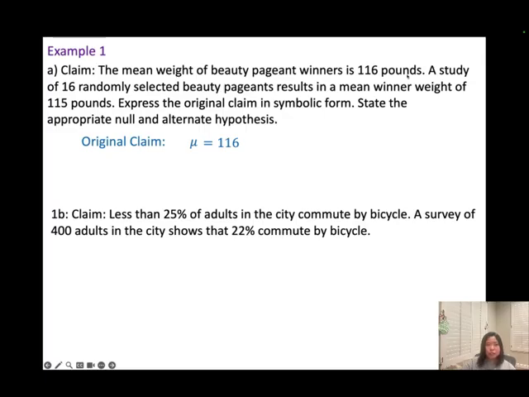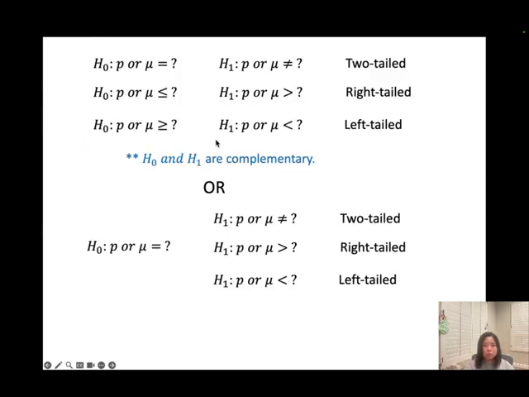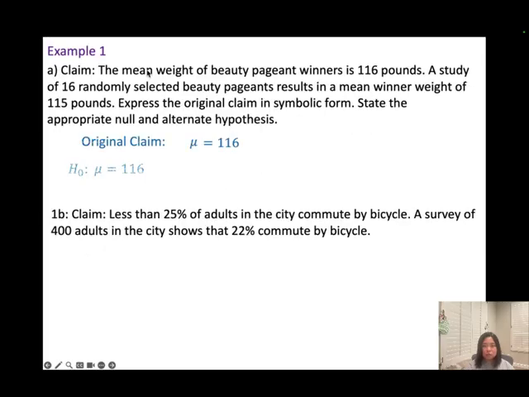Now we're going to write down the null and alternate hypothesis. Since we do have the equal to, that will belong to your null hypothesis. So my null hypothesis will be the same thing, mean equal to 116. And then what is your alternate hypothesis?